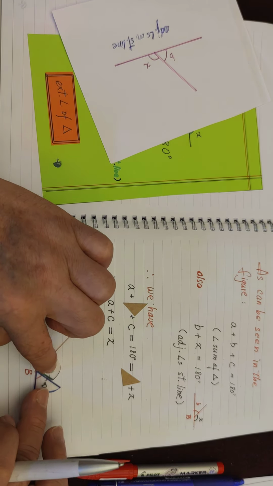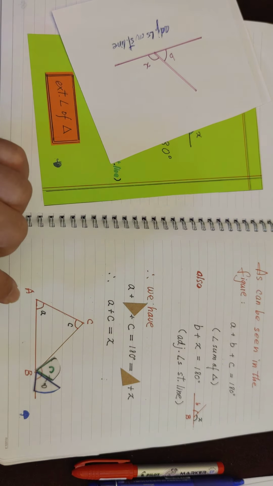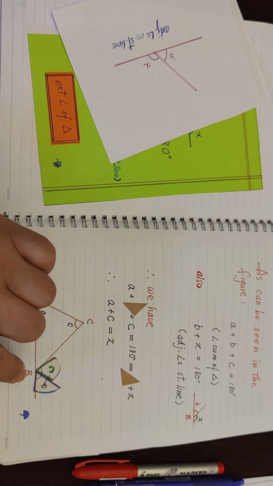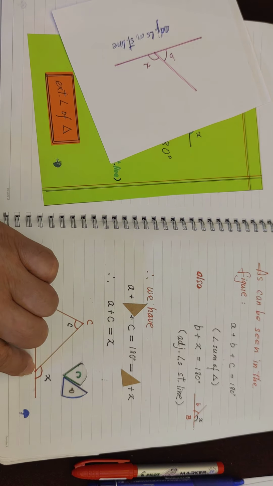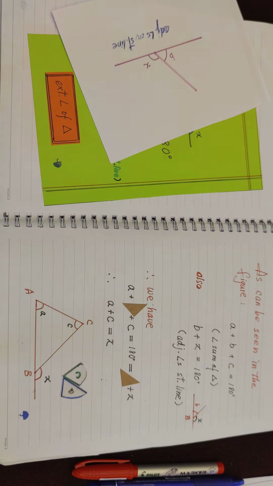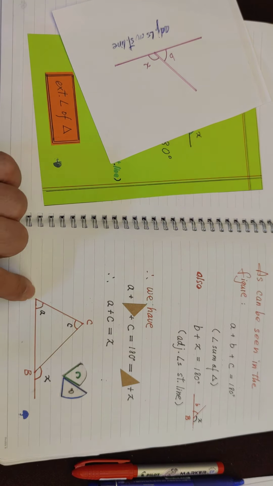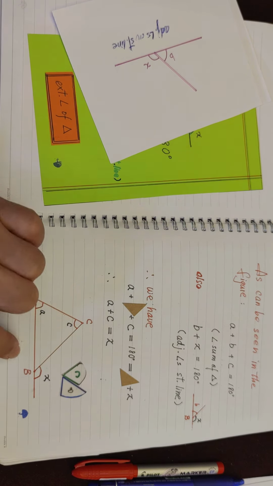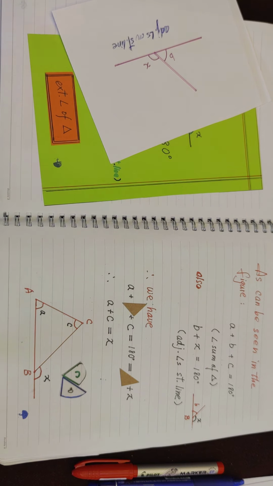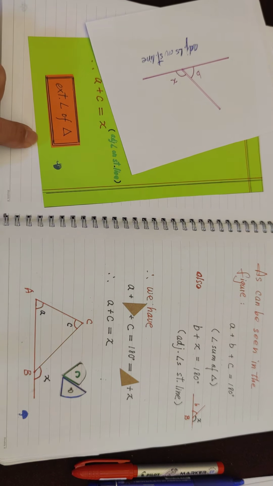The sum of these two interior angles, A and C, amounts to the exterior angle X of the triangle. Therefore, A plus C is equal to X. We call this the exterior angle of a triangle.